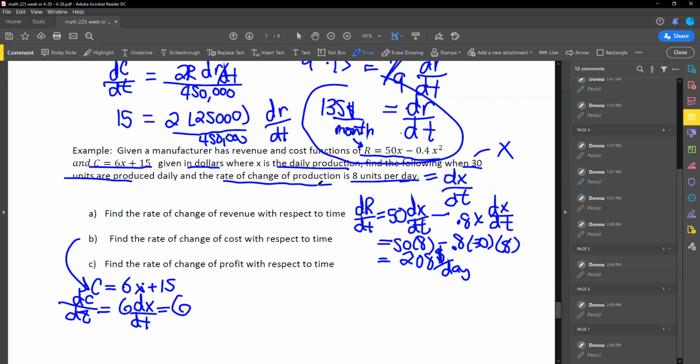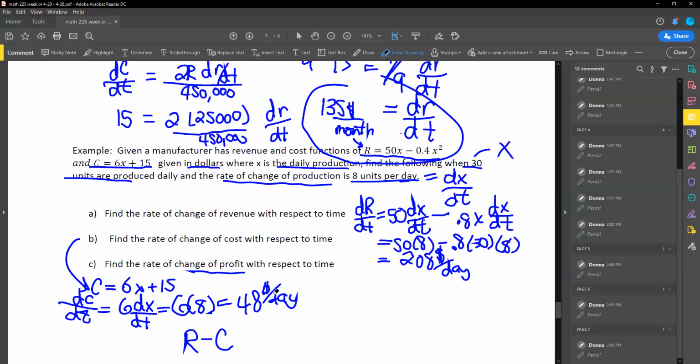They gave us that dx/dt was 8. So I get 48. So that would be the rate of change of costs with respect to time. So this is dollars per day. All right. Profit is easy because profit simply is revenue minus costs. And we have the rate of change. All right. So, you know, like if you think about it, whoops.